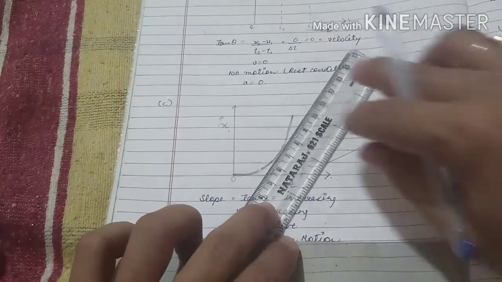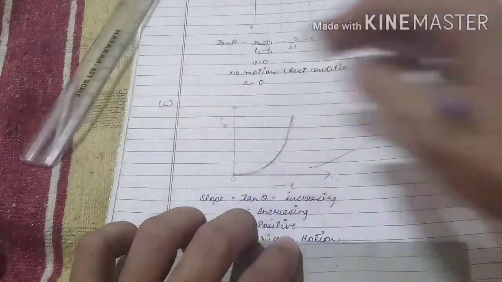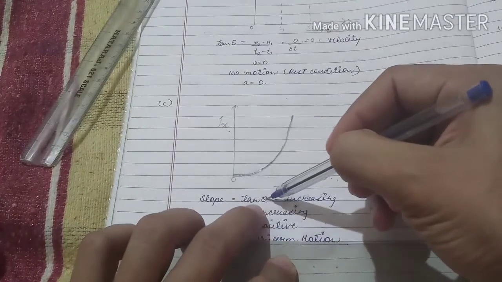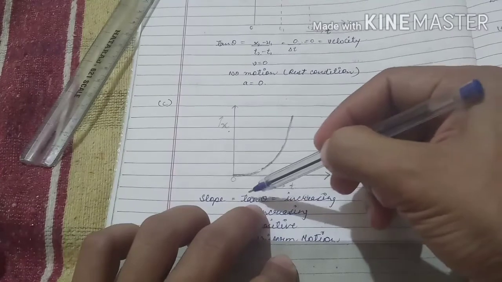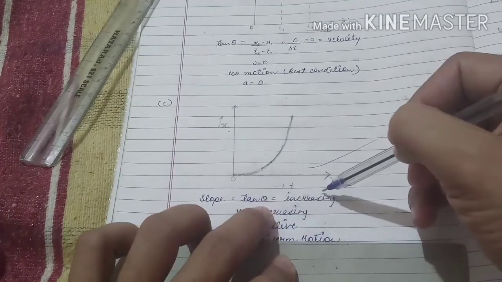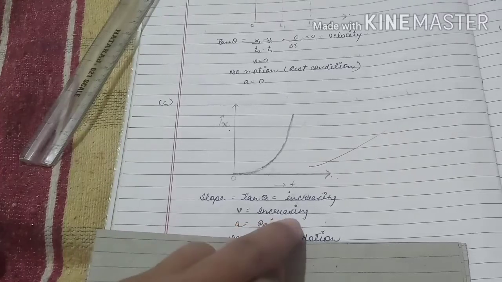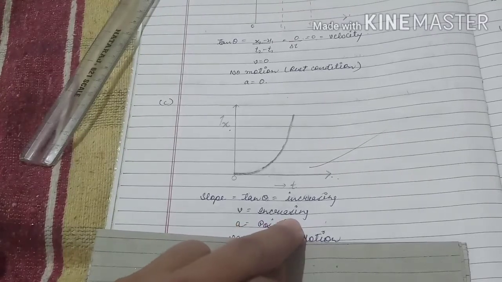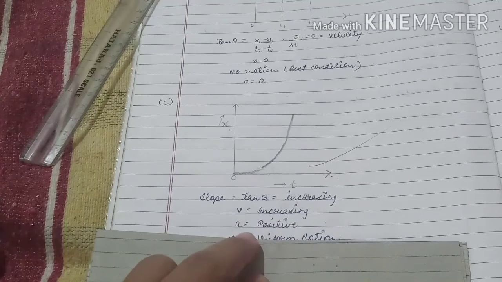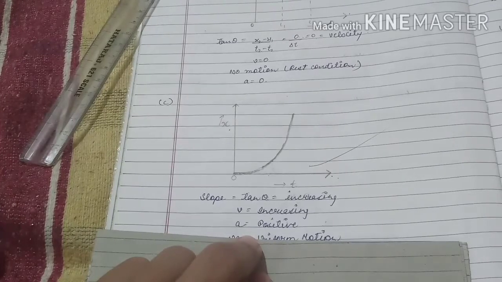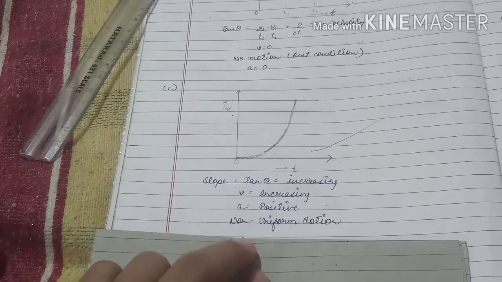When time is increasing, angle theta is increasing. We can say its tan theta is increasing, and with increasing tan theta we can say its velocity is also increasing. And for increasing velocity we have a positive acceleration a. Its velocity is increasing continuously, and this is called positive acceleration.